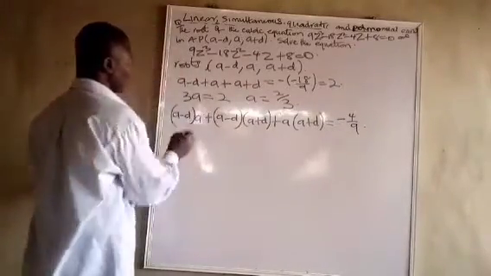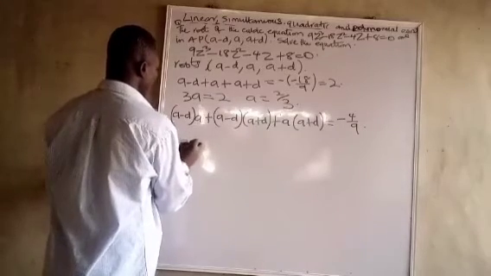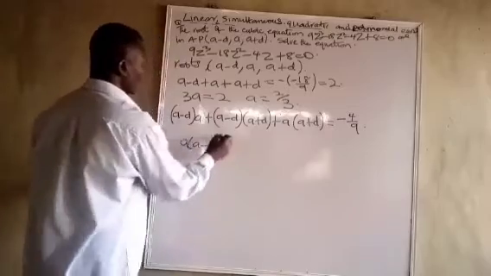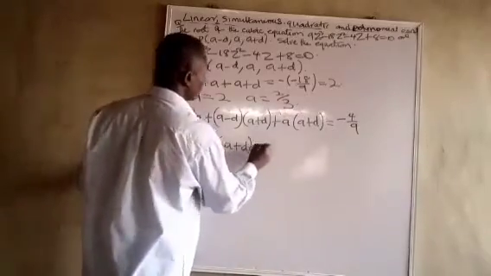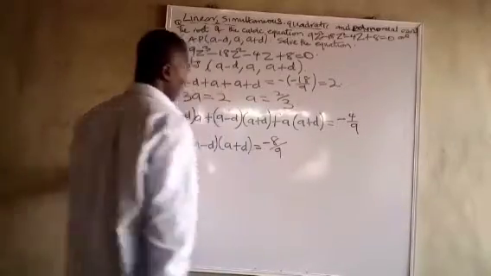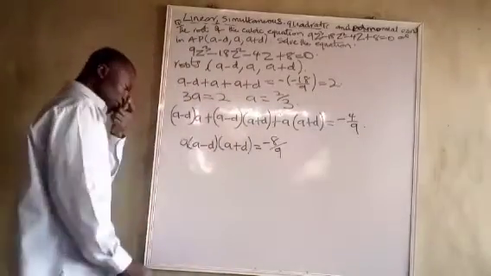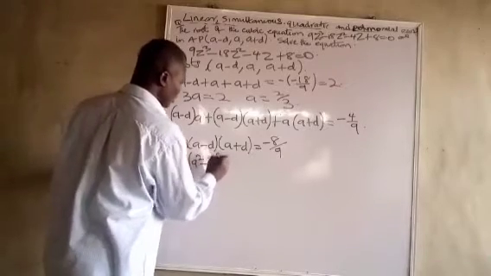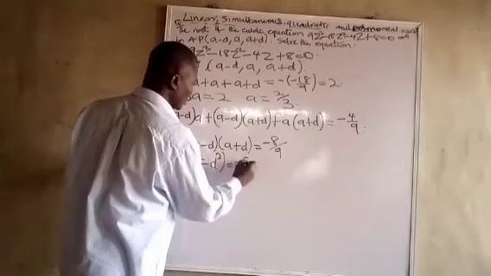Let's see how that one comes. Maybe that will be easier. So we have a into a minus d into a plus d is equal to minus 8 over 9. And we have gotten our a. Let's see how it will help us here. So a into a squared minus d squared is equal to minus 8 over 9.